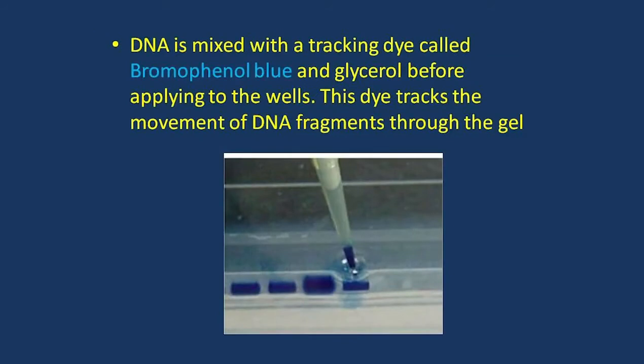DNA is mixed with a tracking dye called bromophenol blue and glycerol before applying to the wells. This dye is called a tracking dye because it tracks the movement of the DNA fragments through the gel. The dye moves in front of the smallest DNA fragment.